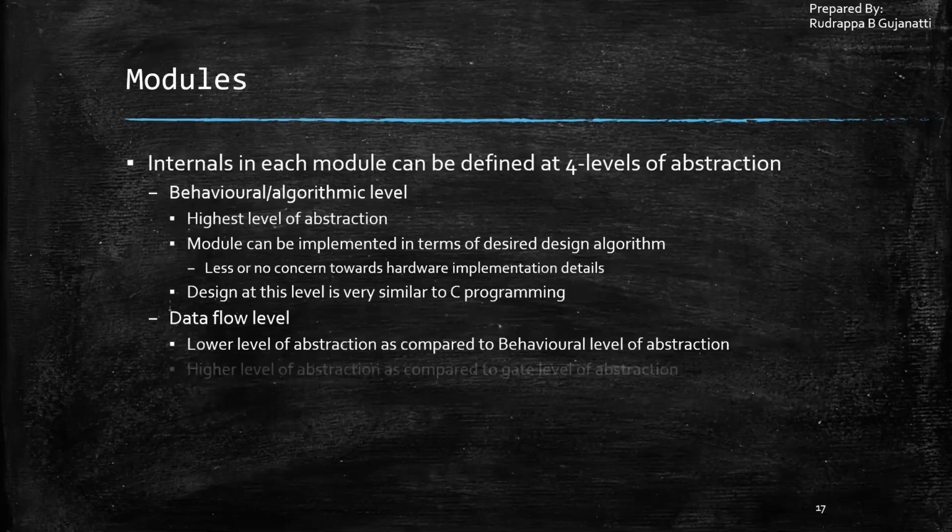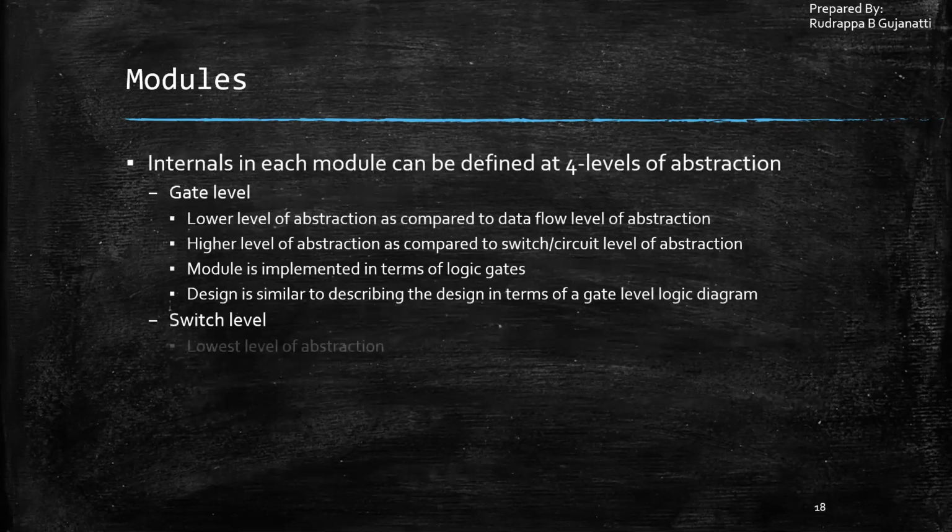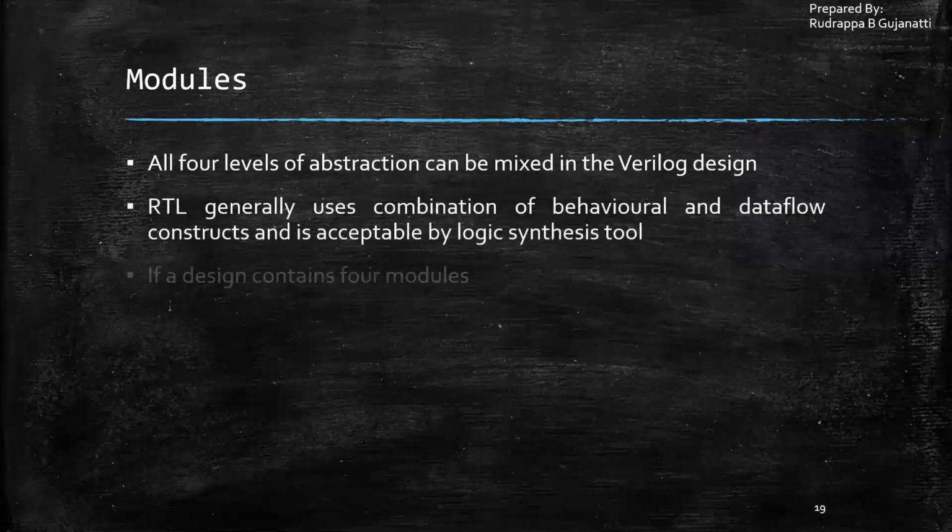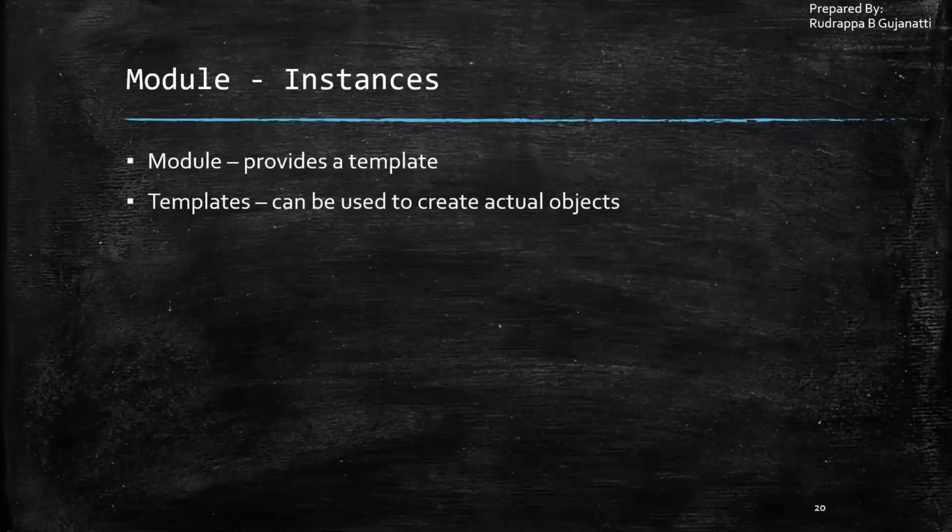Then we discussed what is meant by instances. An instance is nothing but this: first you define the module. The module basically provides us a template. Using the template, I can create objects. The objects which are created are called instances of the module. Somewhat like when you go for object-oriented programming, there you'll come across these terms, objects, instances, and such kinds of terms.